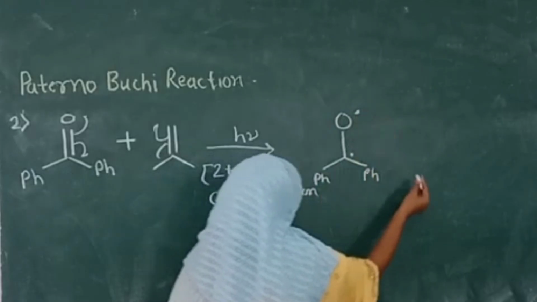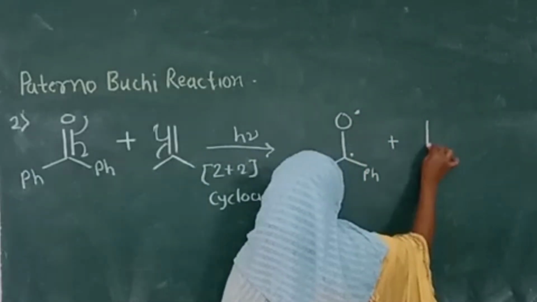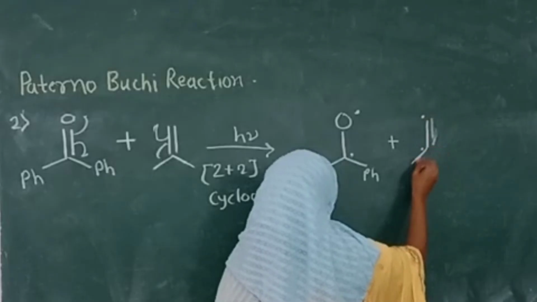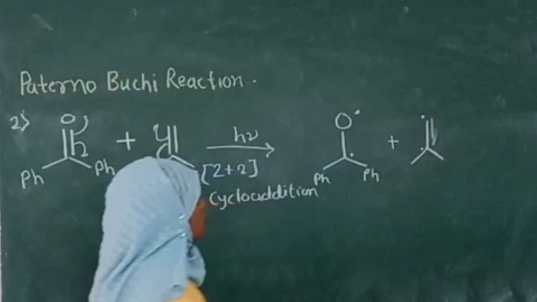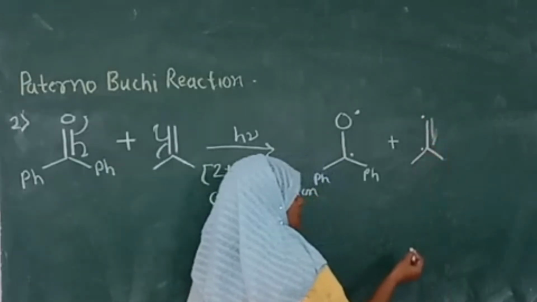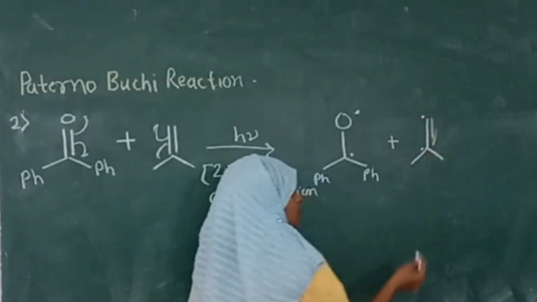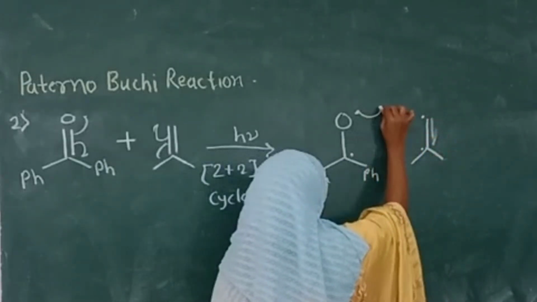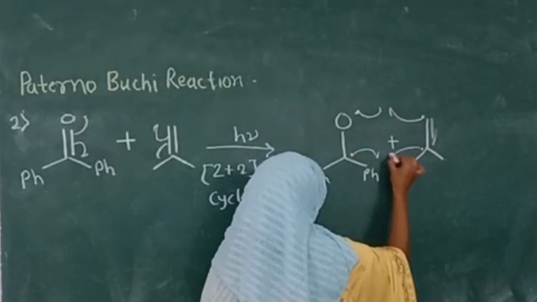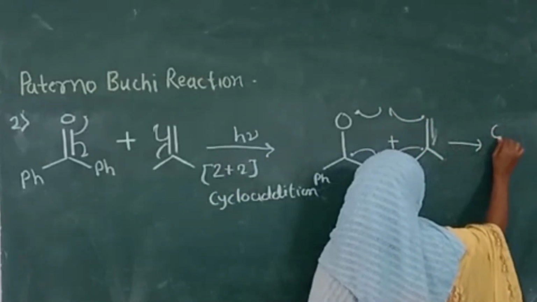The radical species, and here also radical formation. Which radical reacts first in the alkene or olefin? This radical is highly unstable, so it reacts first with oxygen, and then the product is formed.